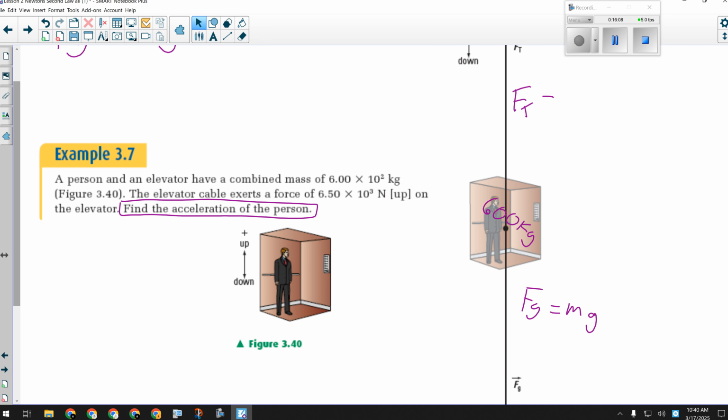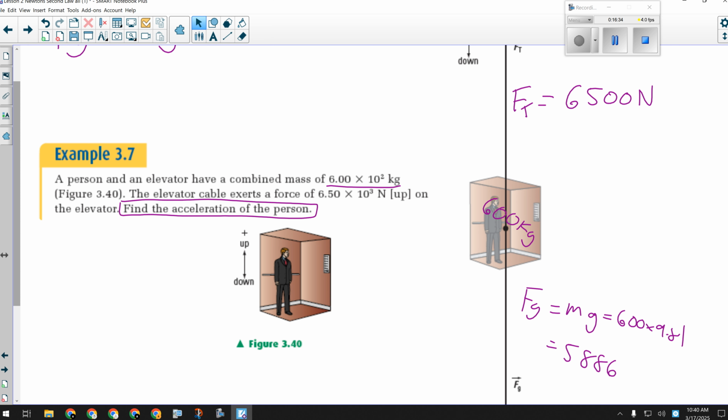So they told me this force, 6,500 newtons. Can I calculate the force of gravity? I can, because they told me the mass of the elevator, 600 kilograms. I just go 600 times 9.81, that should be 5,886.